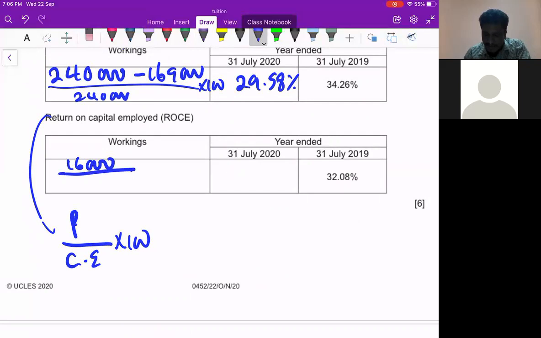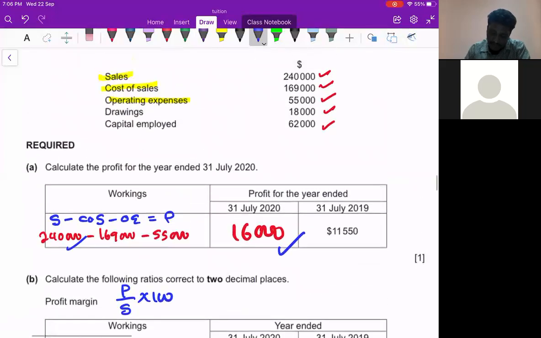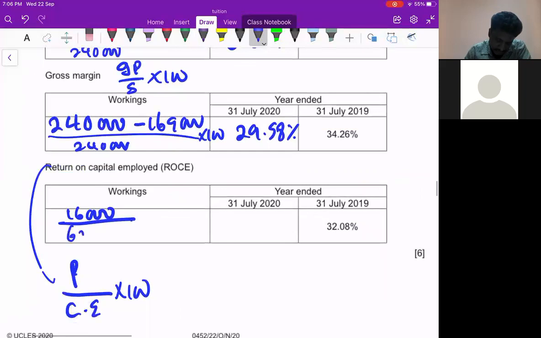How to calculate capital employed? Your non-current liability plus capital. But in this question, they already give you the capital employed, so we just take 62,000, times 100. 16,000 divided by 62,000 times 100, I get 25.81%.